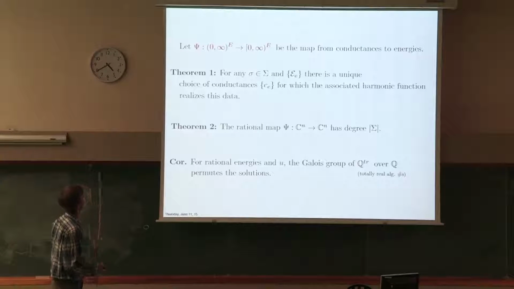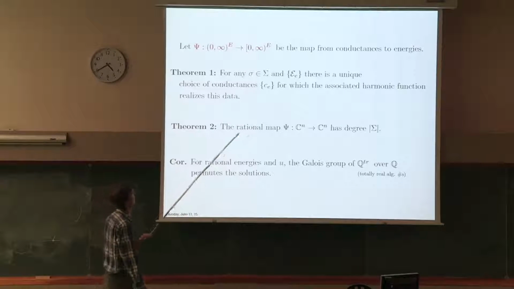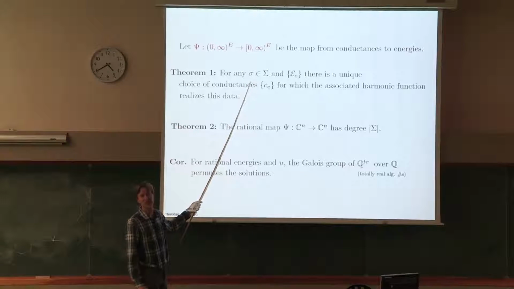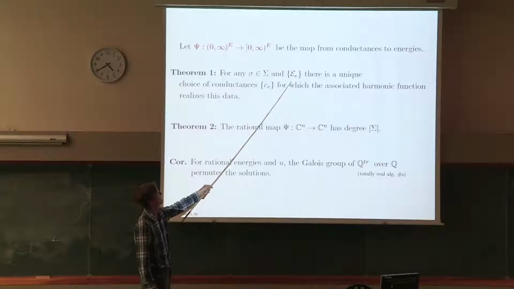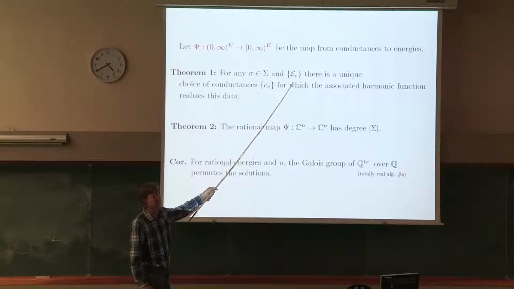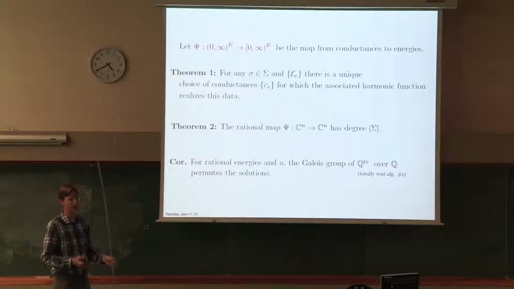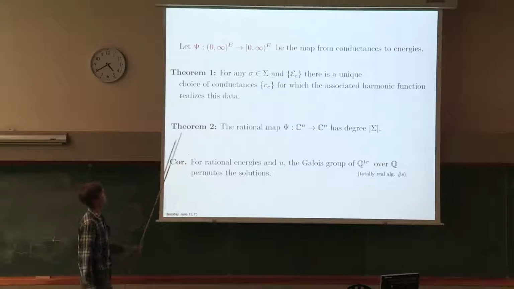So what's the theorem? The first theorem is that if you take your favorite acyclic orientation of the graph, and for whatever energy you care to find, there is a unique choice of conductances which will realize those energies and that orientation.